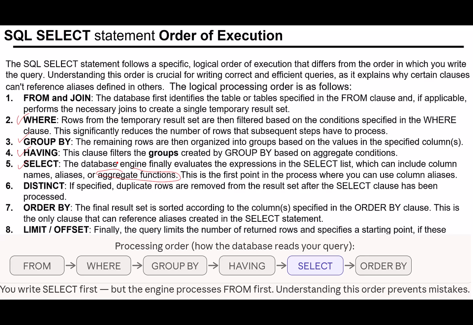If there's a distinct keyword, you apply the distinct keyword, and then you can sort the result set after group by and having. And then at the very end, you put limit. This is why we usually put limit, if any, at the very end. So that's the execution sequence, and usually we will write it in this sequence. You don't have to use all the clauses, but if you have all of them, this is the sequence.